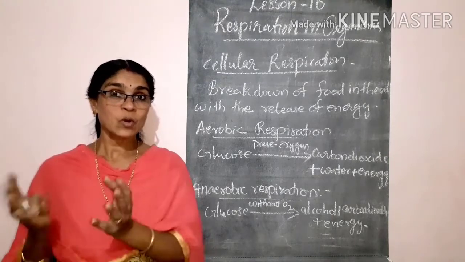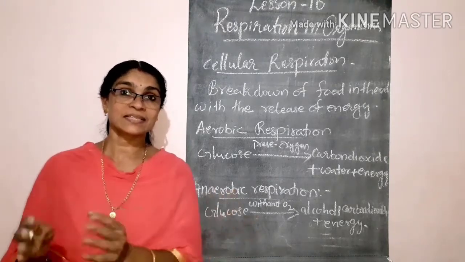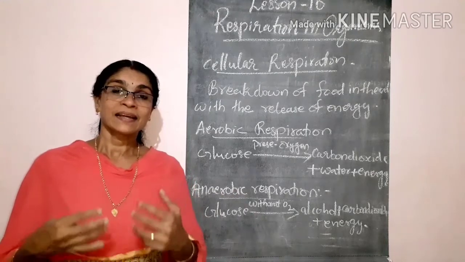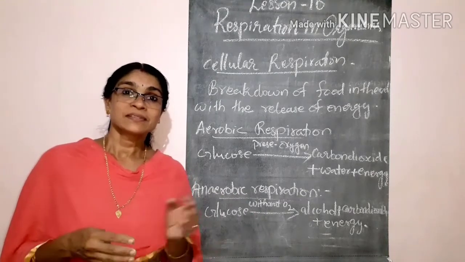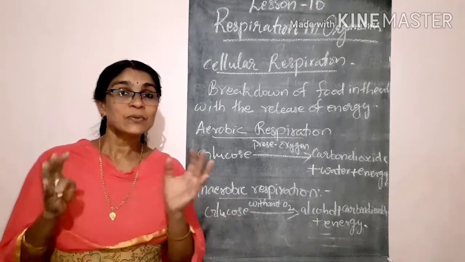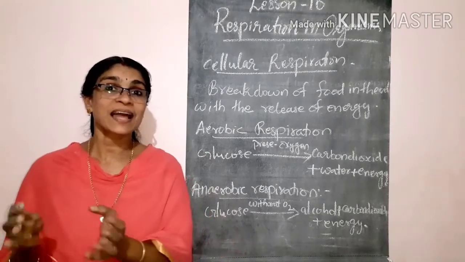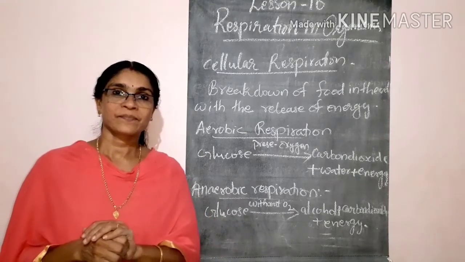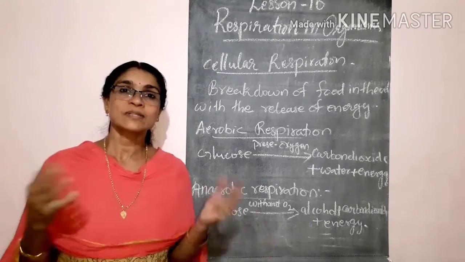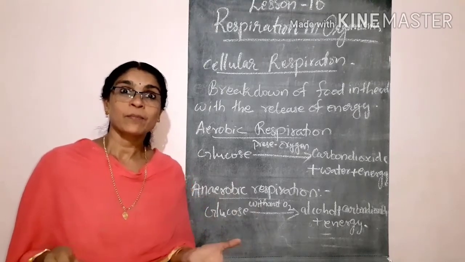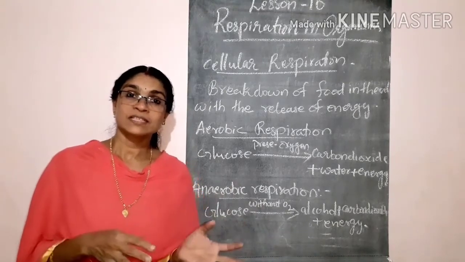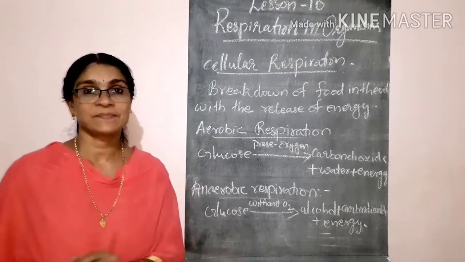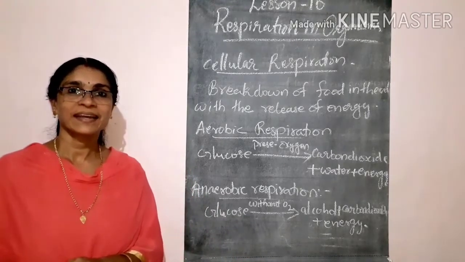Because of that, more oxygen passes into the cells, which breaks down the lactic acid into carbon dioxide, water and energy. Then our whole cells get the proper amount of oxygen and also energy. Okay.